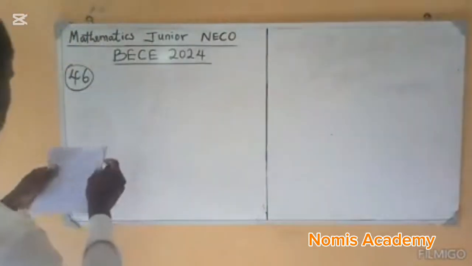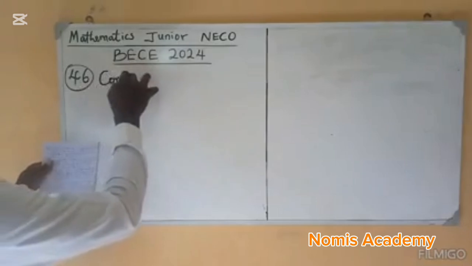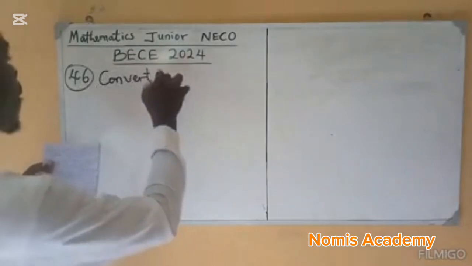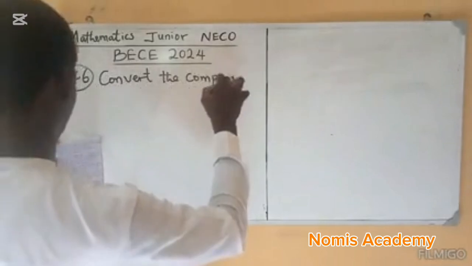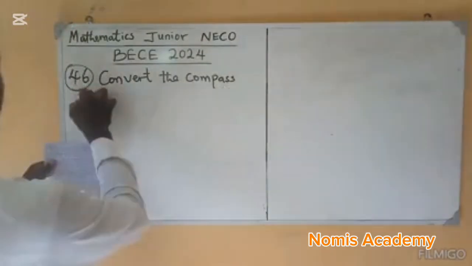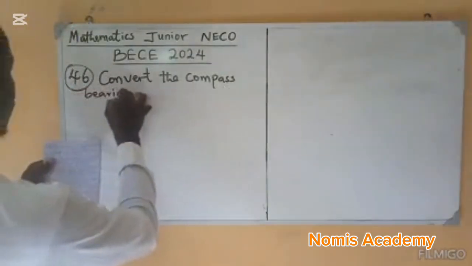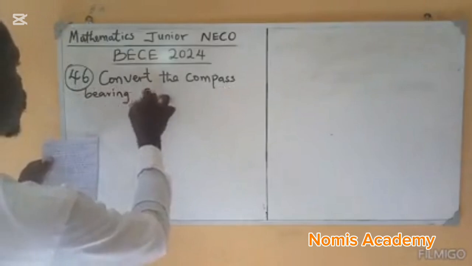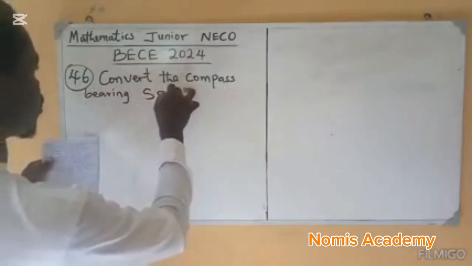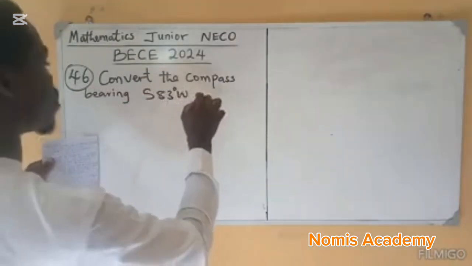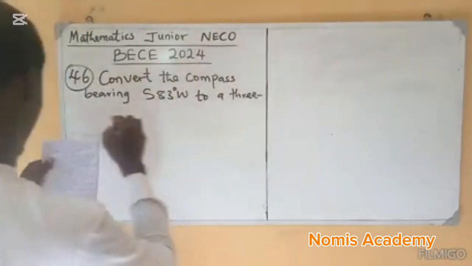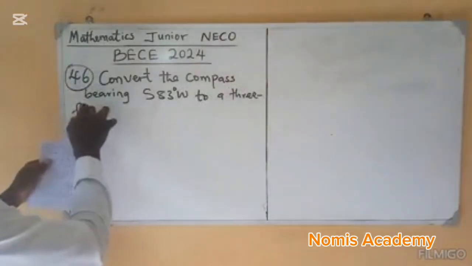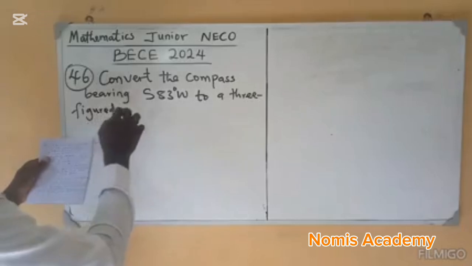46. It says, convert the compass bearing 83 degrees west to a three-figured bearing.